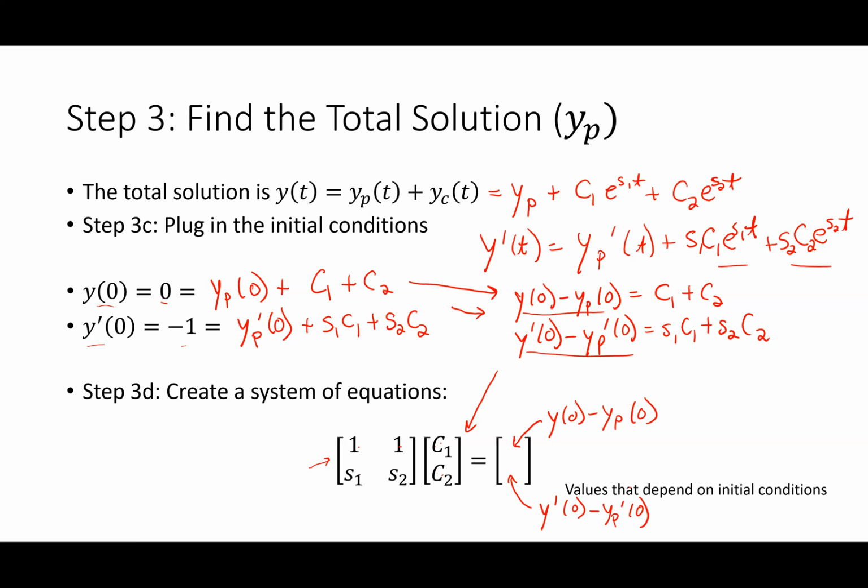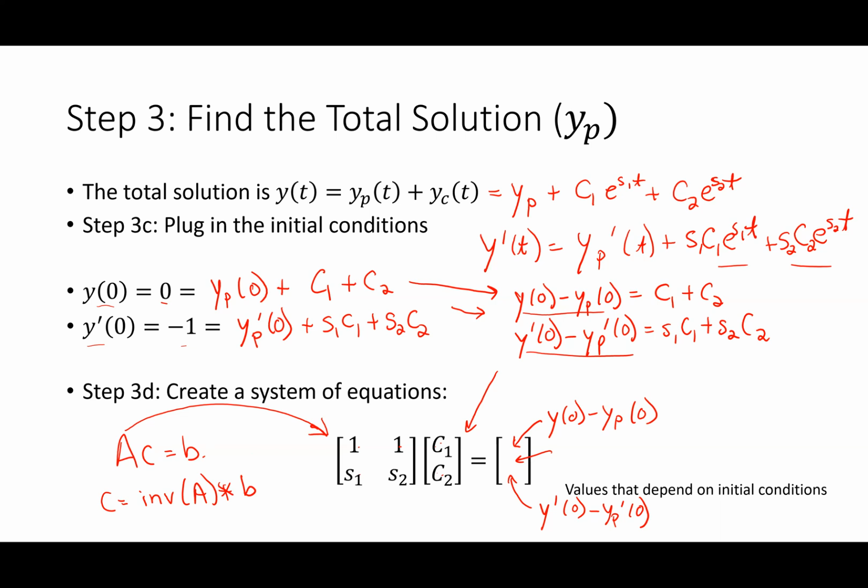I put this into Matlab in the form AC equals B. So B is this vector here, A is this matrix here, and C is the thing I'm solving for. In Matlab, I would say C equals inverse of A times B, like so.